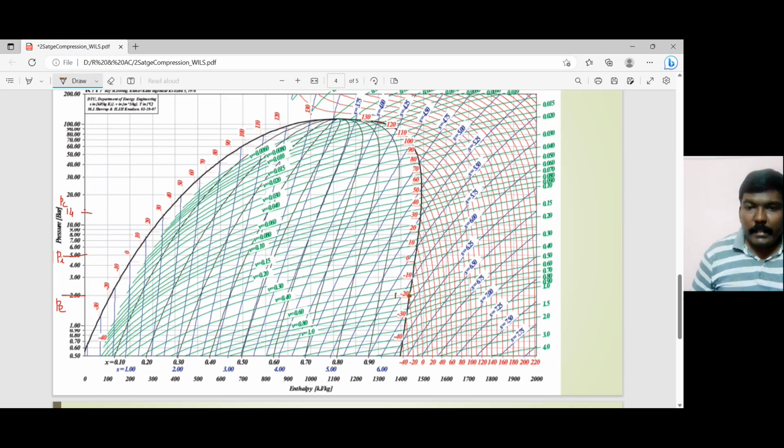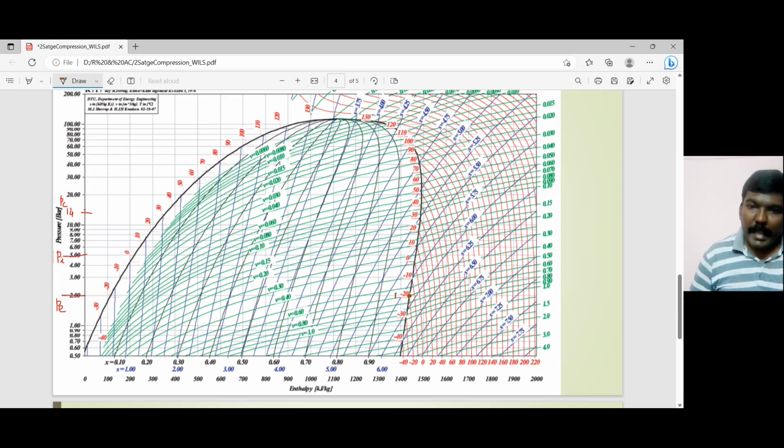Okay, and we know that 1-2 is going to be an isentropic process, so you have to follow the constant entropy line. You can look at the constant entropy lines, which are shown in dark blue color over here: s equal to 6, 6.25, 6.5, 6.75. So if you look at our point, that is lying between s equal to 6 and s equal to 5.75.